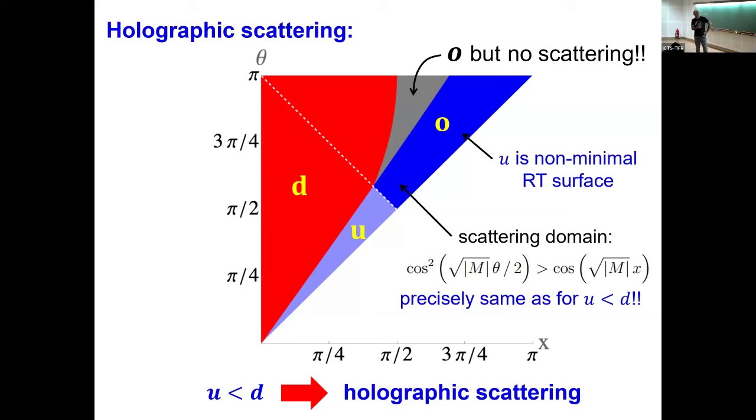And so it's really this U phase that tells us about holographic scattering, even up here, where the entanglement entropy is really given, though, by another set of extremal surfaces. And so this is telling us something about holographic scattering, but it really isn't the minimal RT surface in that particular regime in the top half or in the dark blue region.